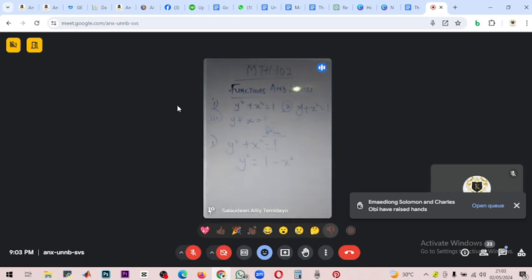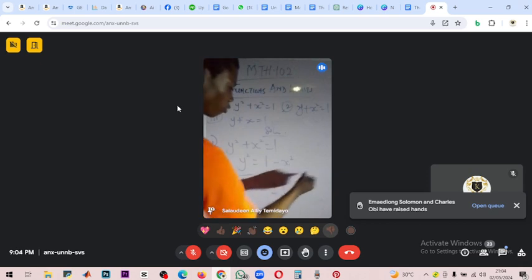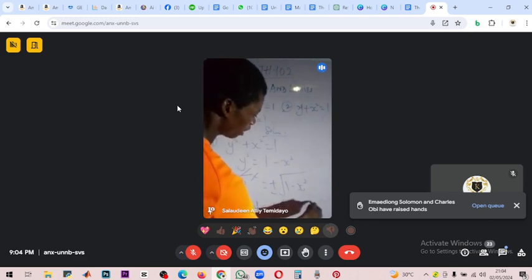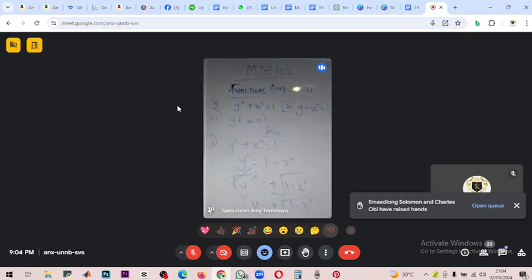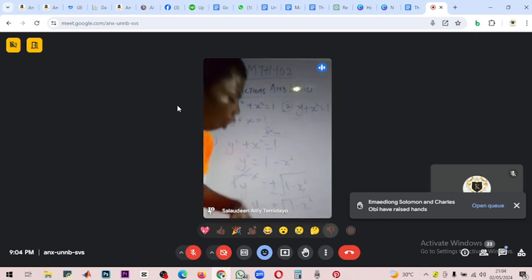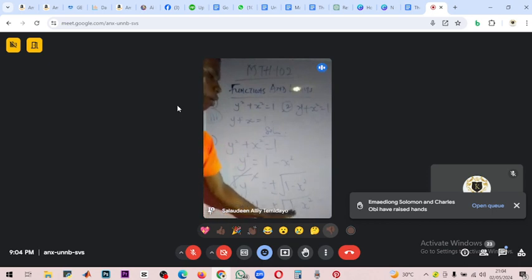Now, taking the square root of both sides, the square root of y squared will be equal to plus or minus the square root of 1 minus x squared. So the square root cancels the square for y, and here I have y equals plus or minus the square root of 1 minus x squared. That means the value of y is either plus the square root of 1 minus x squared or minus the square root of 1 minus x squared.